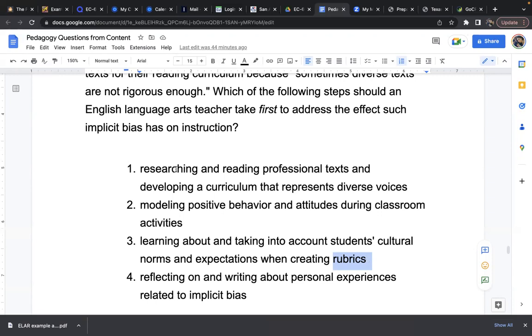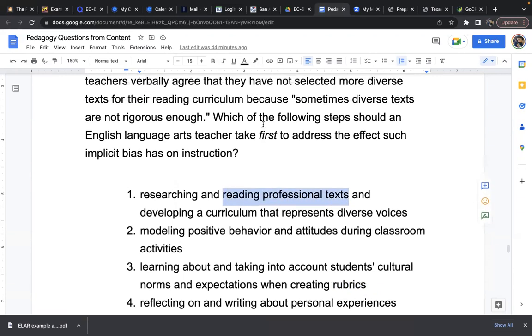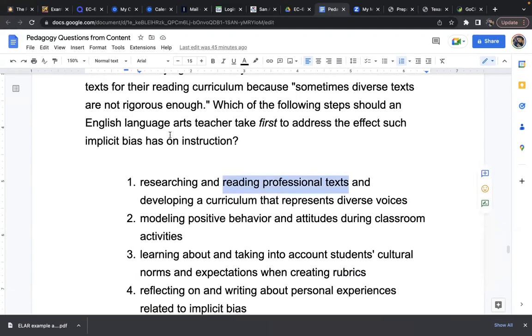And this researching and reading professional text will help dispel this horrific myth that diverse texts cannot be rigorous enough. They absolutely most certainly are. And so that is preposterous.